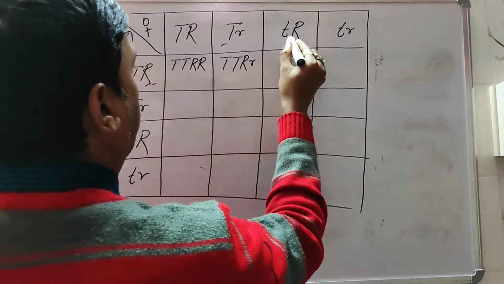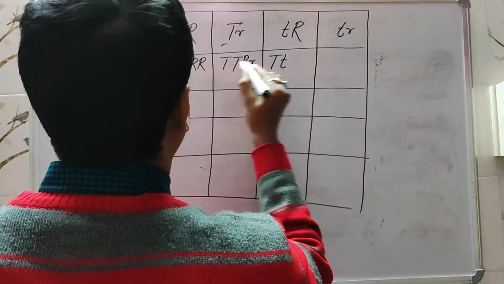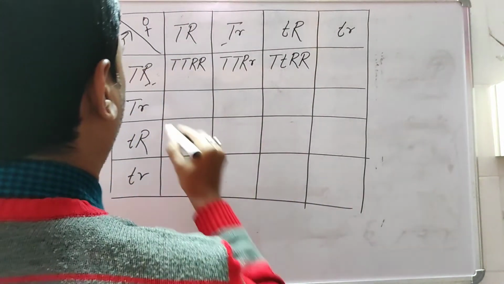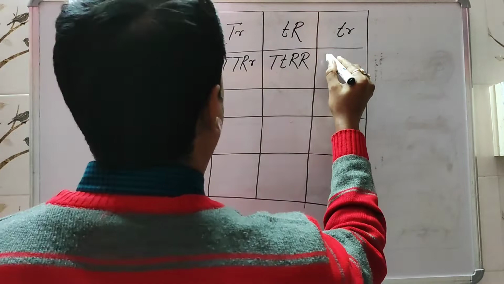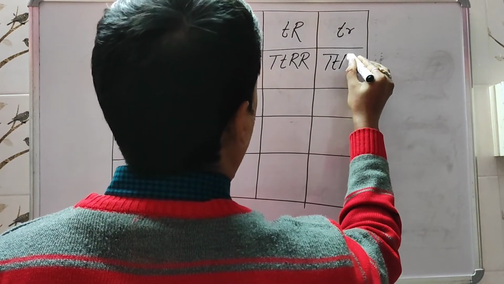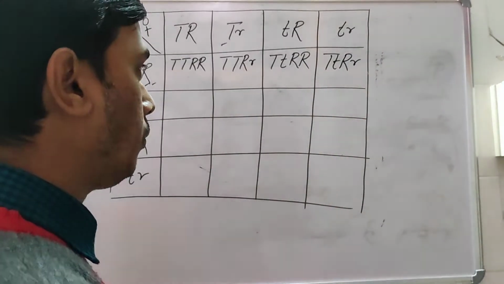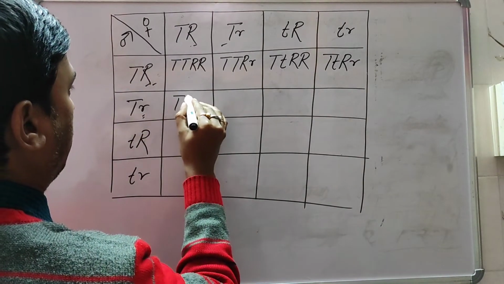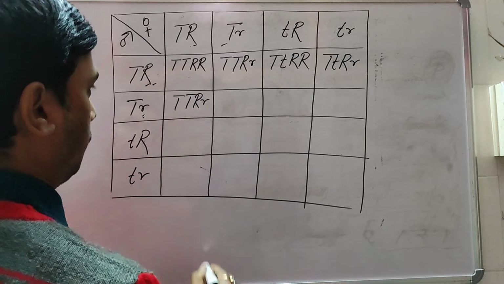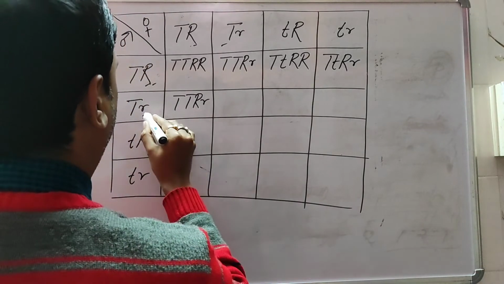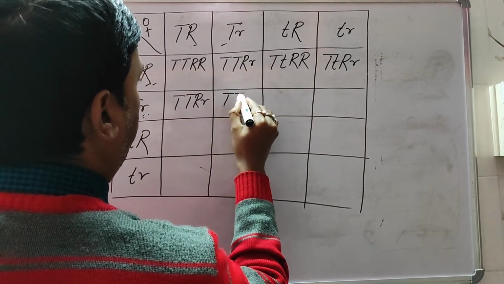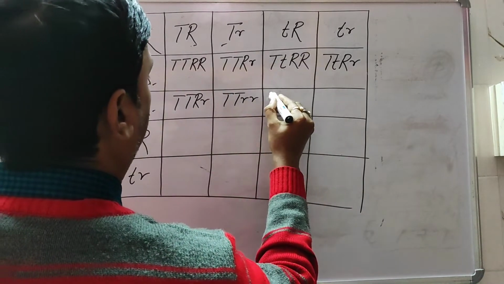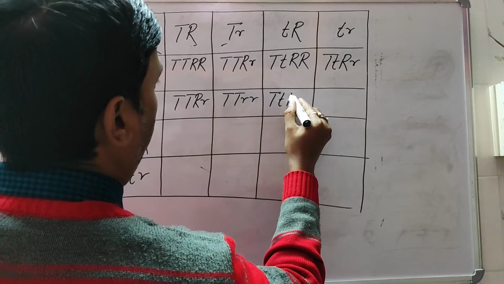Now this part and this part give capital T small t, capital R capital R. This one and this one give capital T small t, capital R small r. Now this gamete and this gamete give capital T capital T, capital R small r. Then this one and this one give capital T capital T, small r small r. This one and this one give capital T small t, capital R small r.